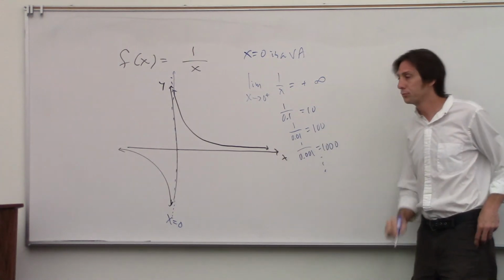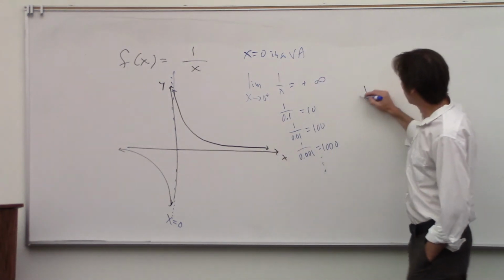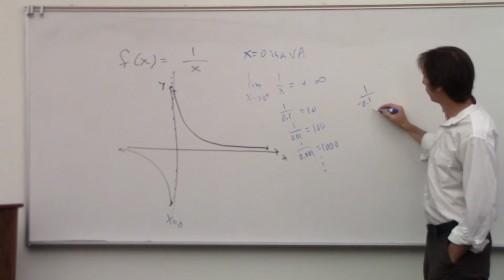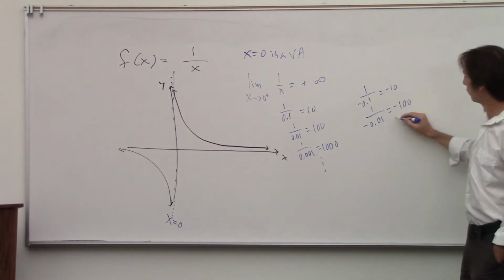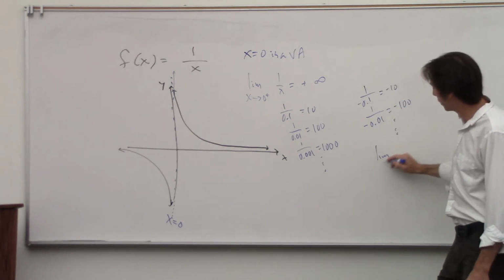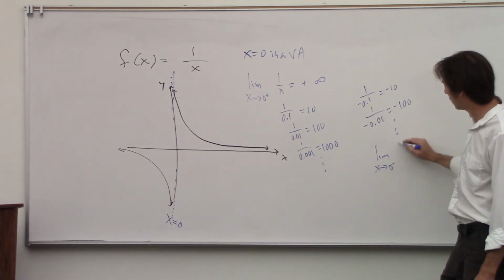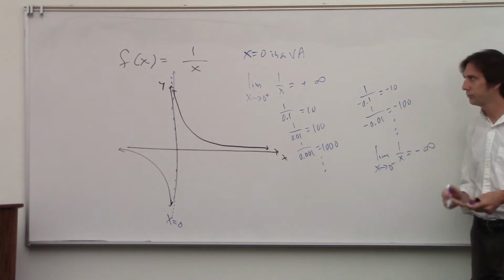On the other hand, if I divide 1 by smaller and smaller numbers but negative, the magnitude of these numbers gets larger and larger, but the sign is negative. We can represent that by writing the limit as x goes to 0 minus of 1 over x is equal to negative infinity.